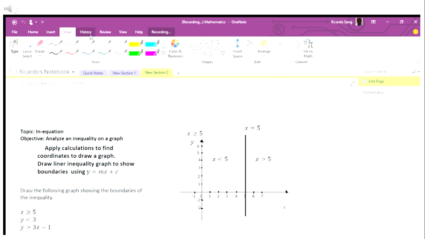So let's shade in the region that we're talking about, the boundary. So all of this region is called the boundary, including the line, because it said equal to and greater. So that's why the line is not broken, because it is included in the calculations. So this is the region we are talking about. Let me shade those regions.